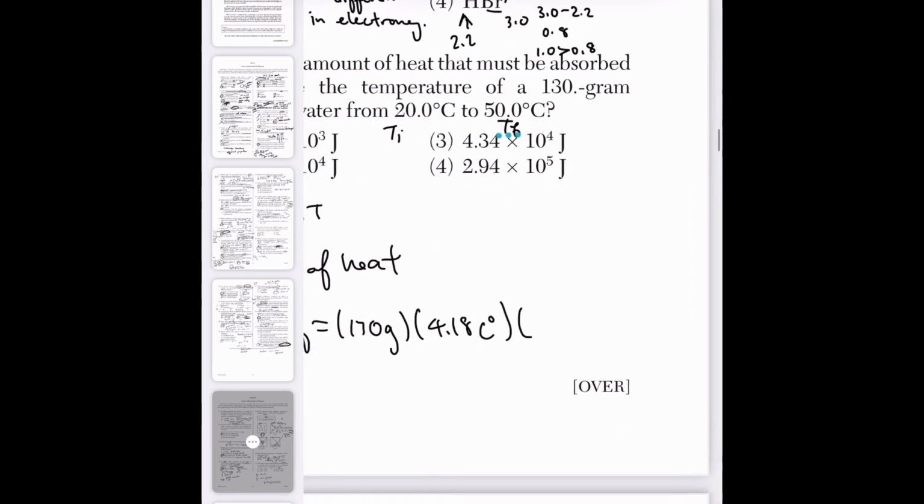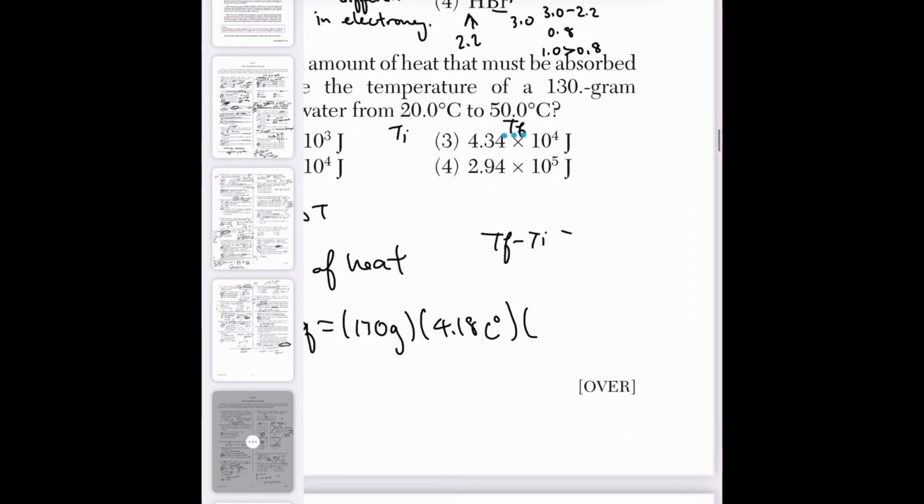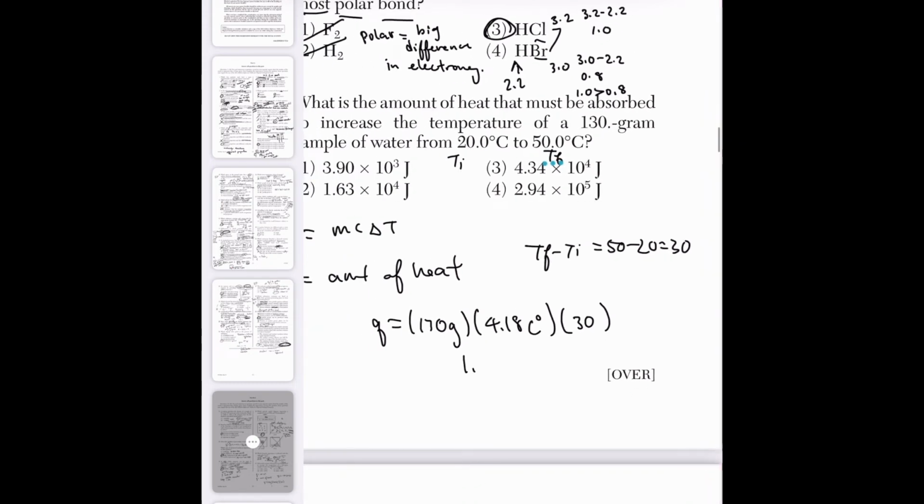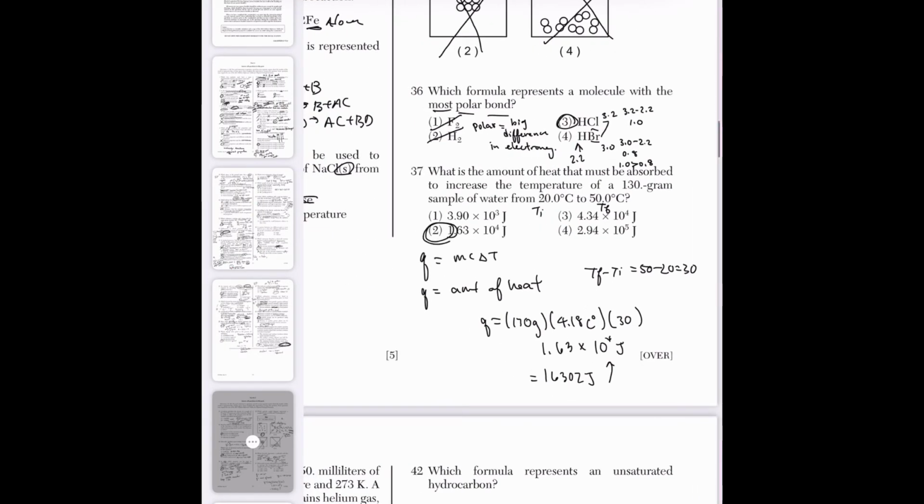Delta T is Tf minus Ti, which is 50 minus 20, which would be 30. Got 6. This was the answer in scientific notation, number 2.